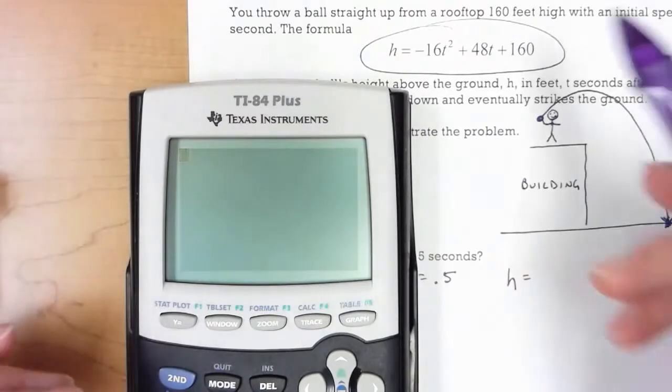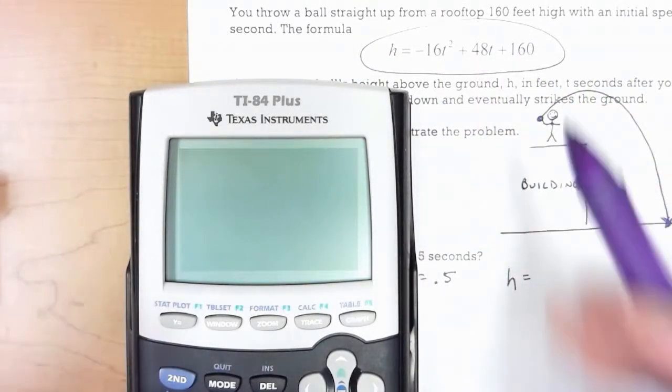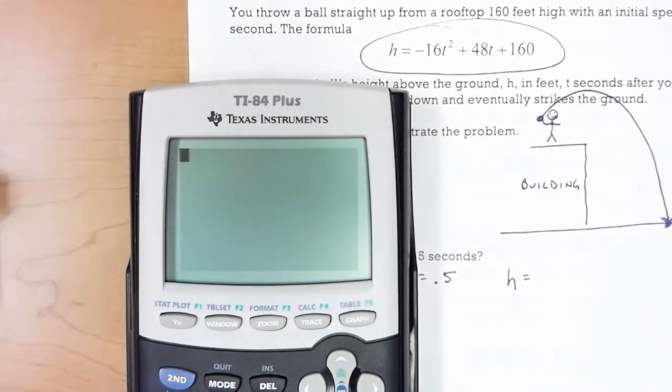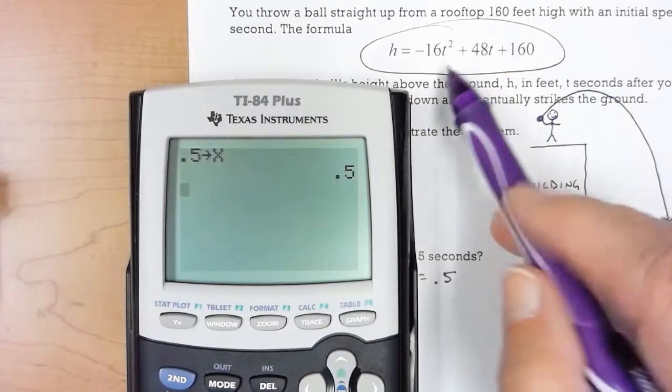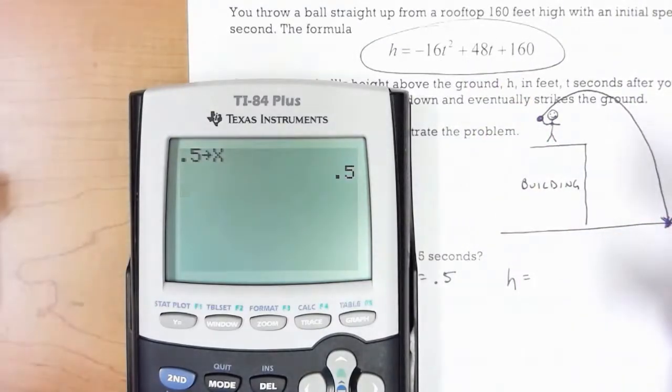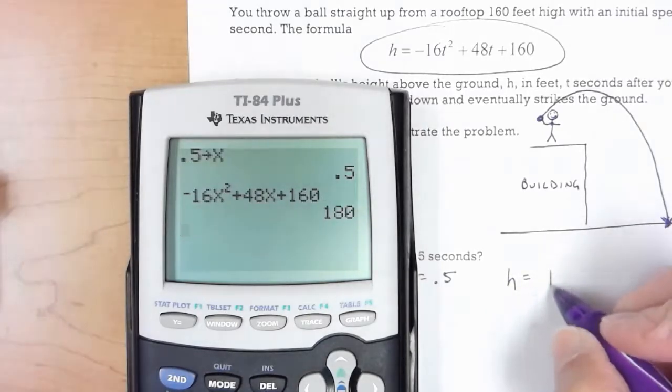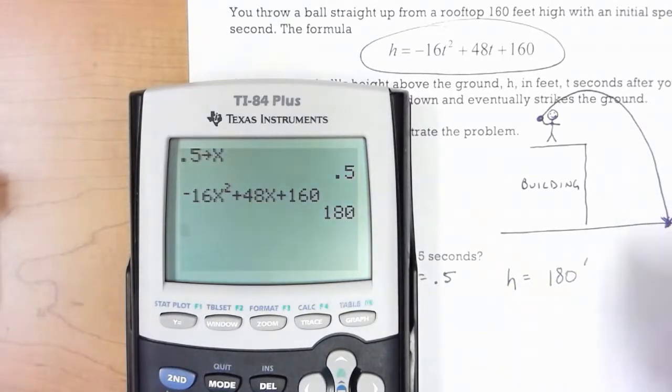So instead of using the t equal 0.5, I'm going to let 0.5 store in for x. So wherever I have t, I'm going to have my x value. So let me type that in exactly as I see it. So the ball will be 180 feet above the ground.